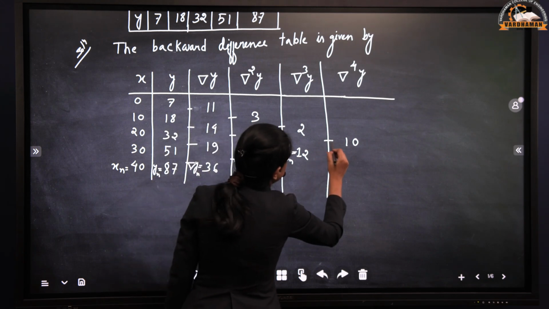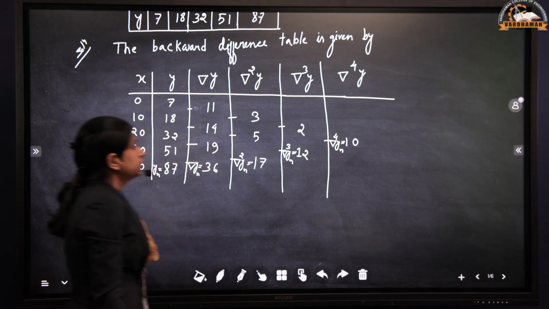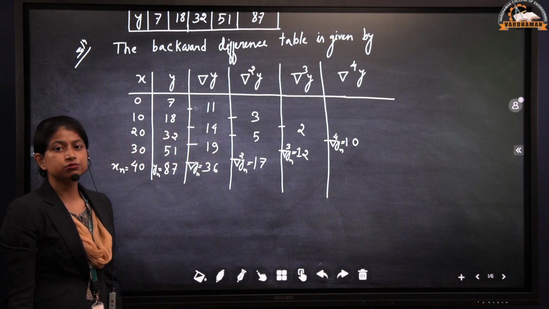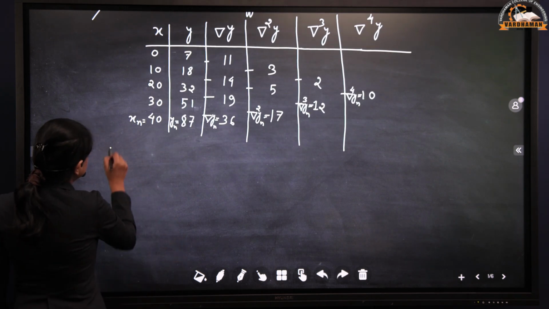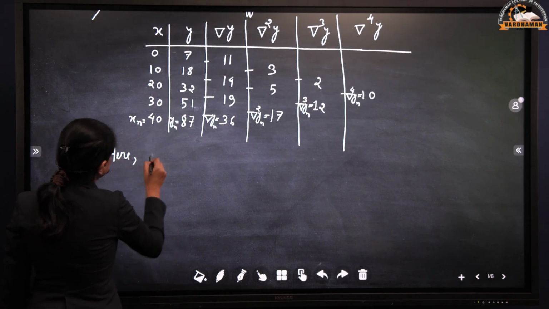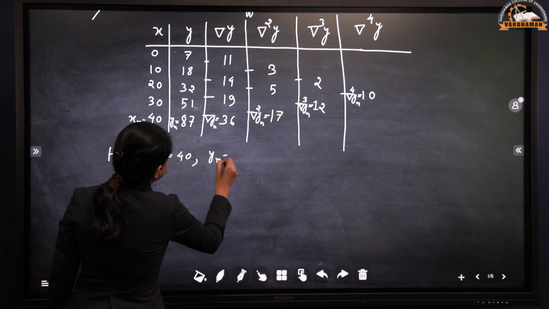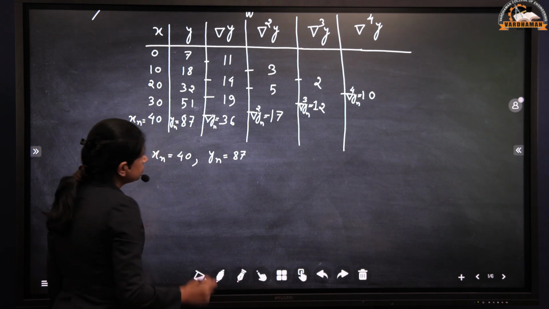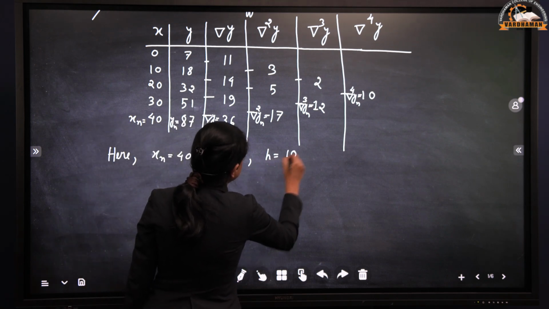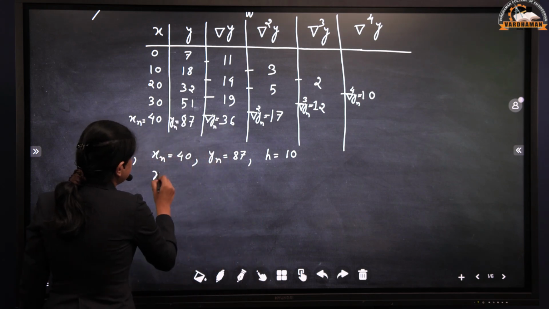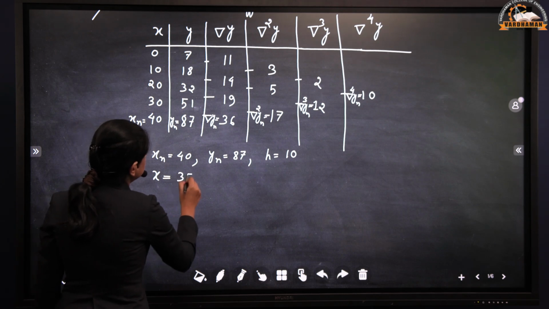And this is fourth backward difference on yn. So these are the points which are required in the formula. Here xn is equal to 40, yn is equal to 87, h is 10 and x is 35.